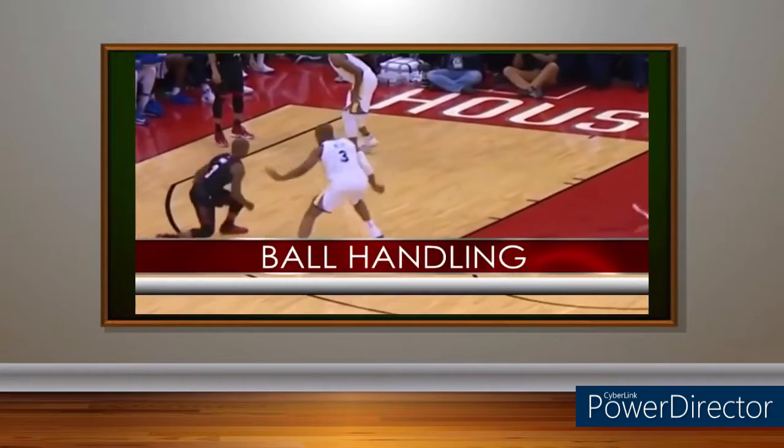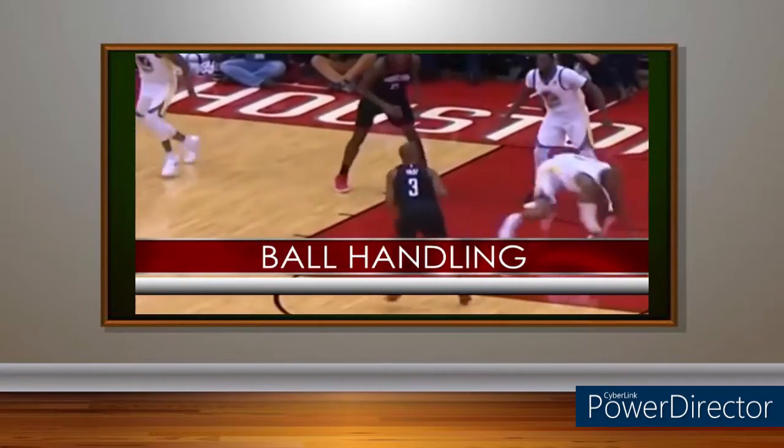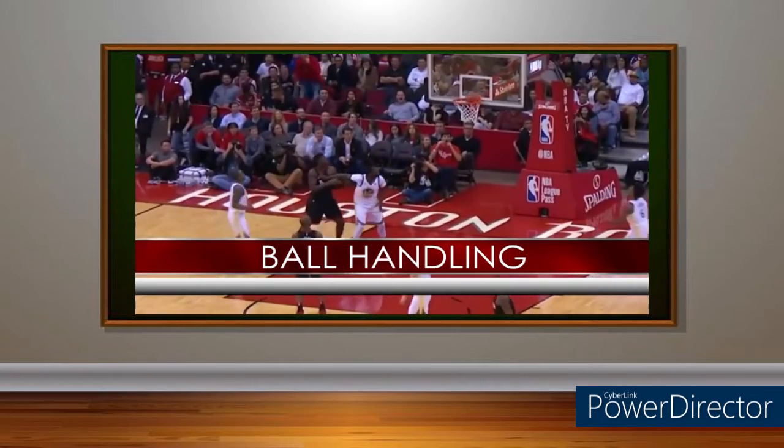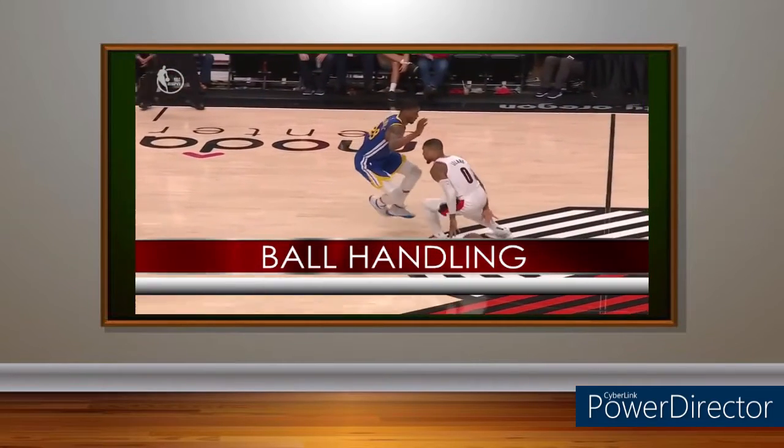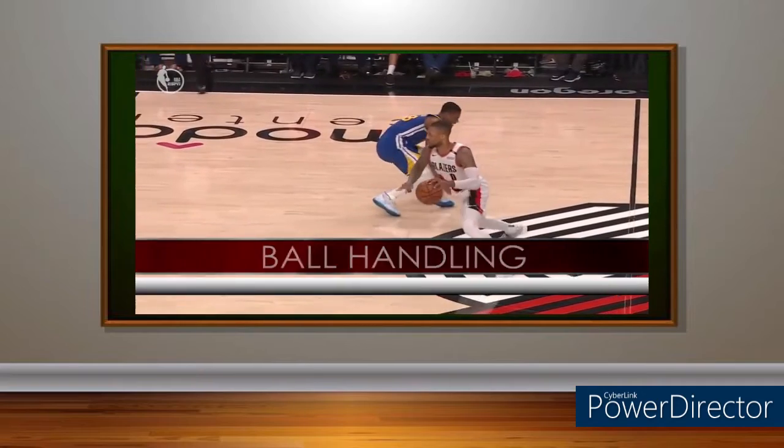Most importantly, the point guard is trusted with taking care of the basketball. And by doing this, he or she has the best ability to handle the ball. So ball handling is the first attribute that we'll talk about.